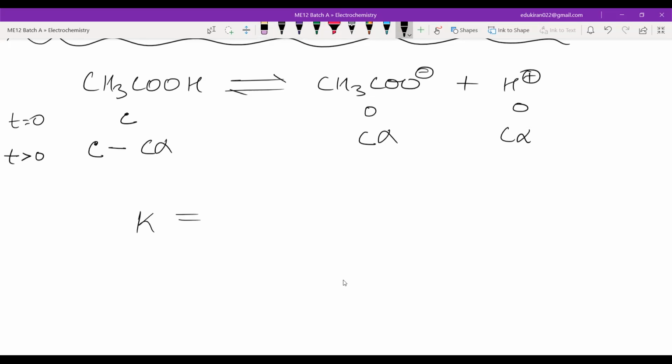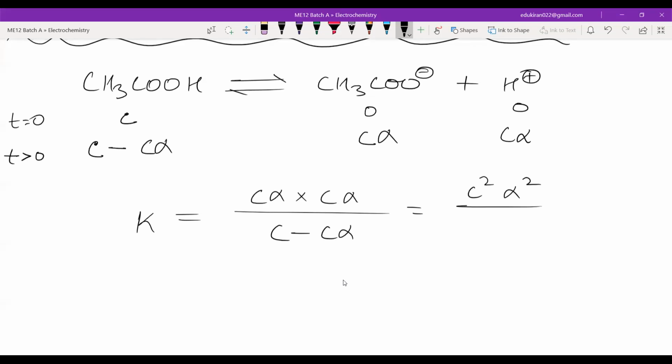Now you will calculate the equilibrium constant, that is K. K will be the concentration of the products, C alpha into C alpha, divided by the concentration of the reactant, that is C minus C alpha. This will be equal to C square alpha square upon C into (1 minus alpha).